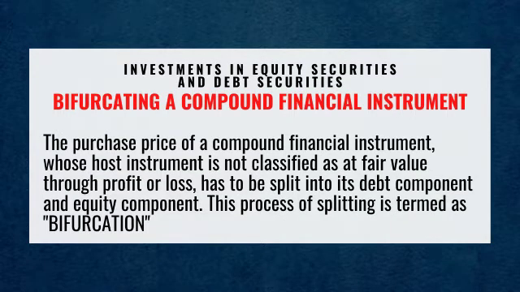The purchase price of a compound financial instrument whose host instrument is not classified as at fair value through profit or loss has to be split into its debt component and equity component. This process of splitting is termed bifurcation.